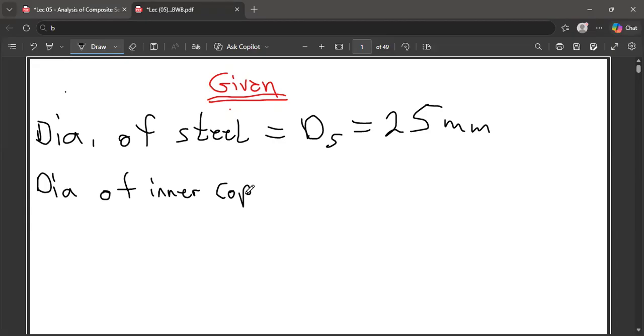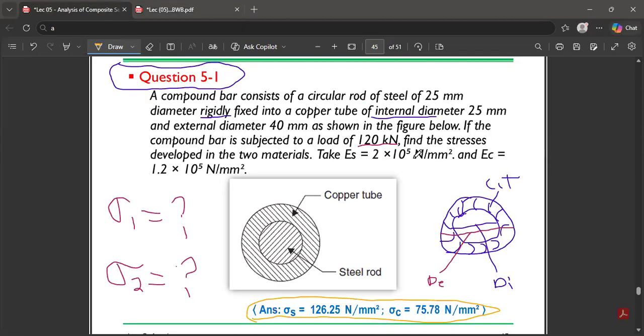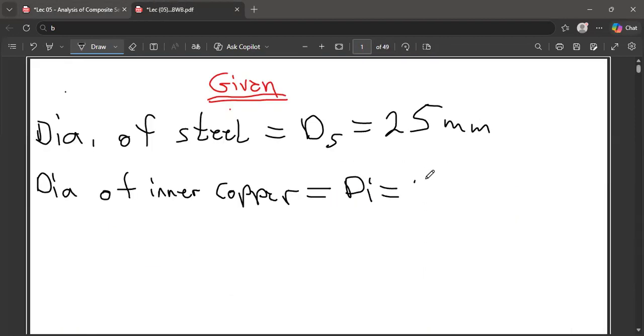The diameter of the inner copper, let's denote it as di, is equal to 25. Let's quickly check it again. 25 mm. Okay, so that is 25 mm.